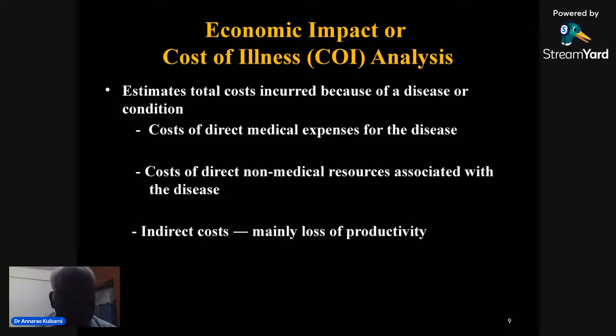Examples of medical costs include inpatient visits, emergency department visits, outpatient visits, prescription drugs, medical equipment, and home health services. Examples of non-medical costs include childcare and travel expenses associated with receiving the treatment, and special education costs if the cognitive function is impaired by illness, and such other costs.